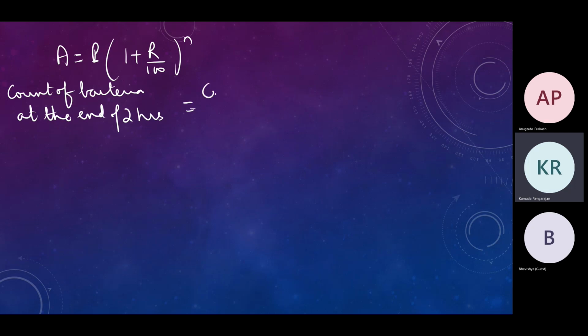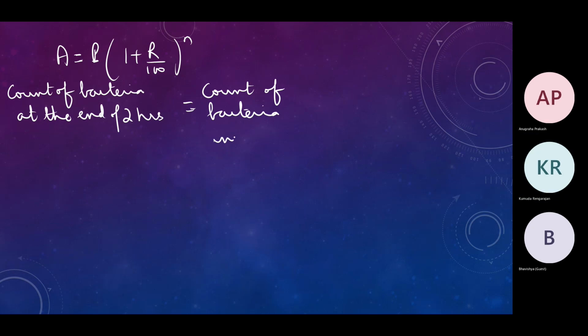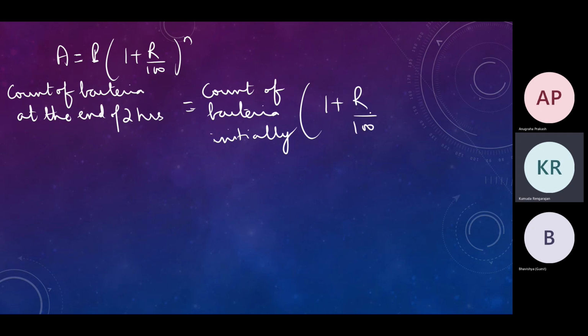So P is nothing but the count of bacteria initially, into 1 plus whatever is the rate at which it's increasing, to the power N. So here it is 2.